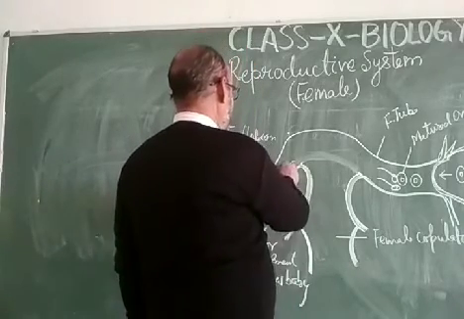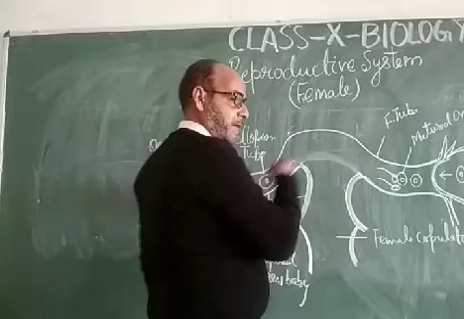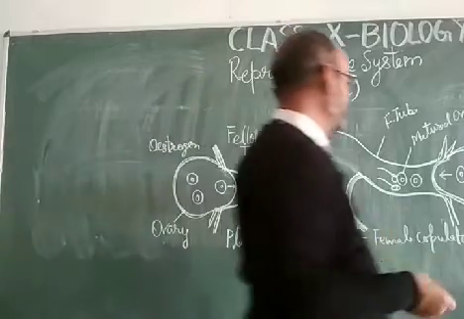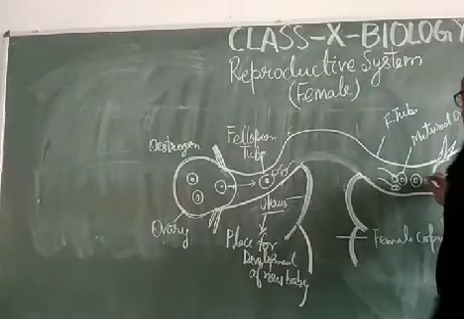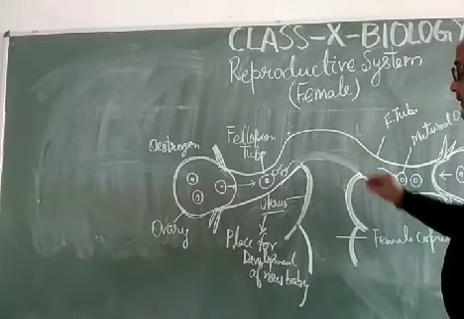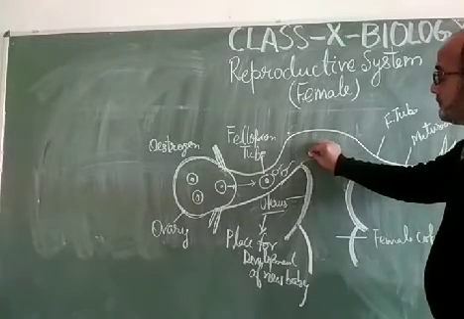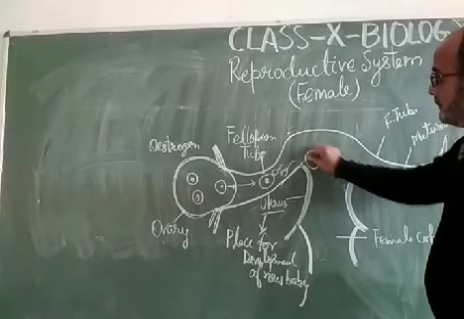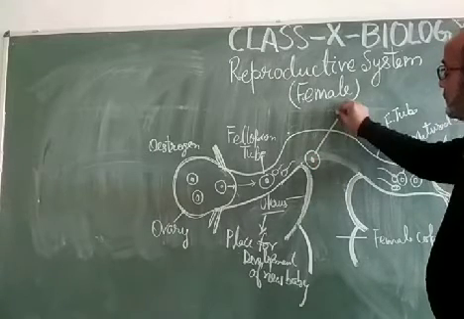When sperm come into it and try to fertilize the mature ovum, after fertilization, this ovum is converted into zygote.